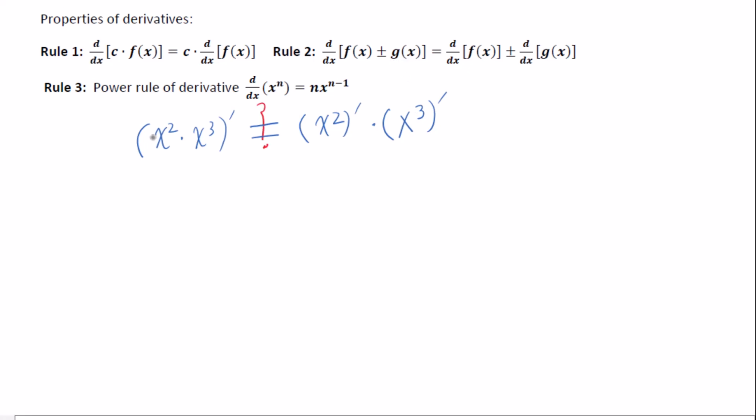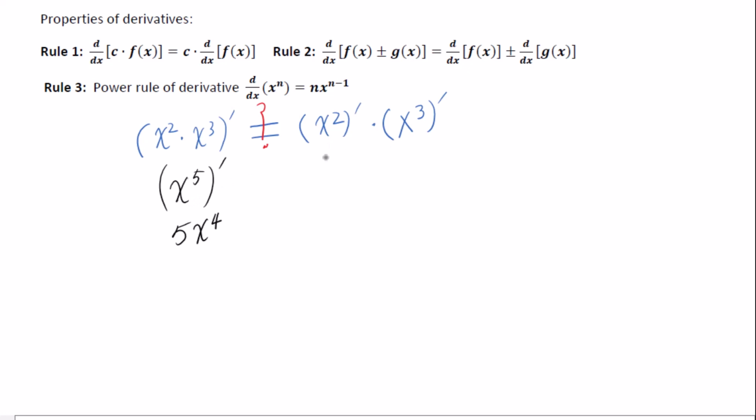Let's check. x squared times x third power is x to the fifth power, prime. So we get 5x to the fourth power according to the power rule of derivatives.